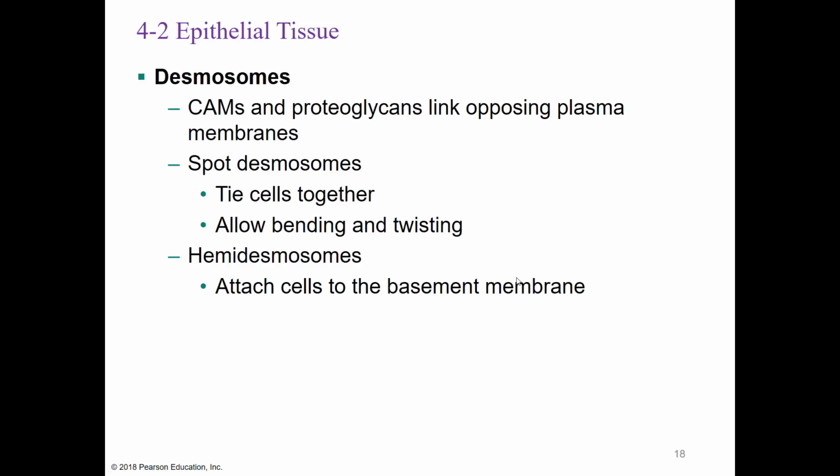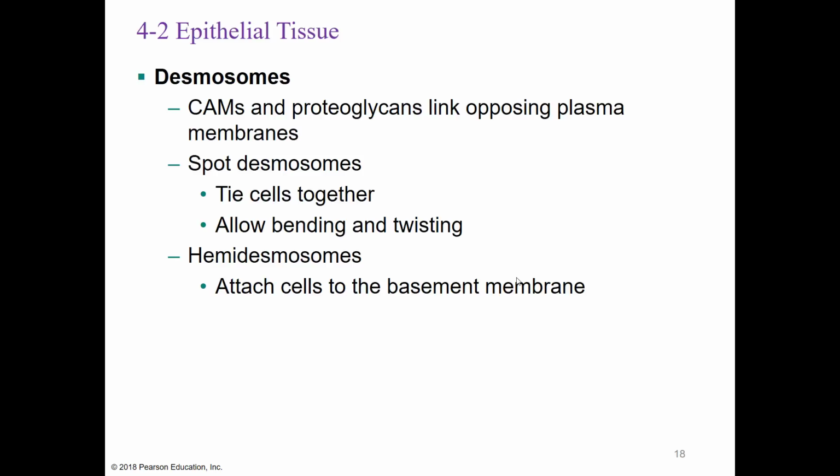Okay? So next we have desmosomes. CAMs and proteoglycans link opposing plasma membranes. There are two kinds of desmosomes, spot and hemidesmosomes. Spot desmosomes tie cells together, like in the skin cells as an example.